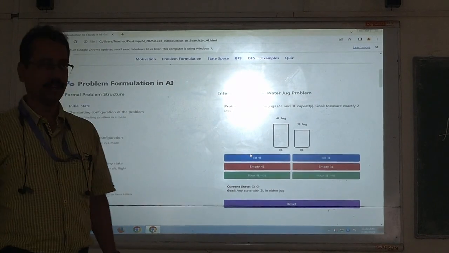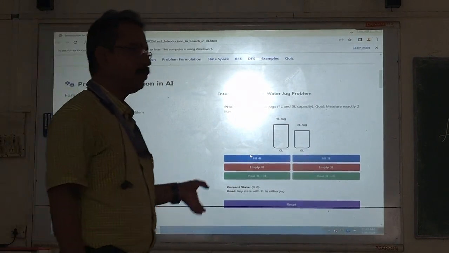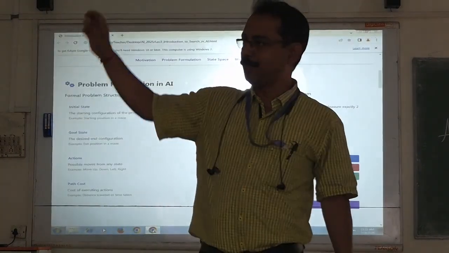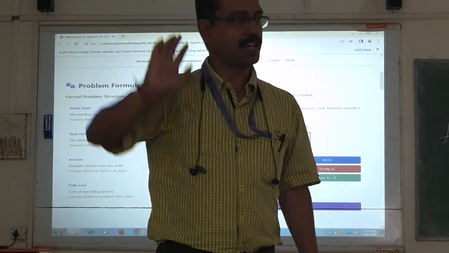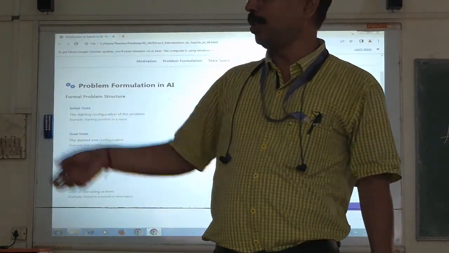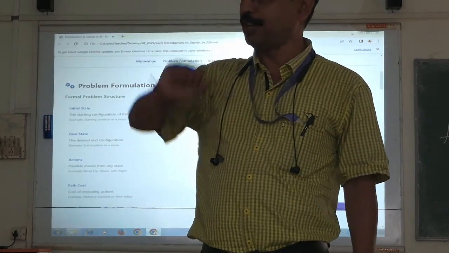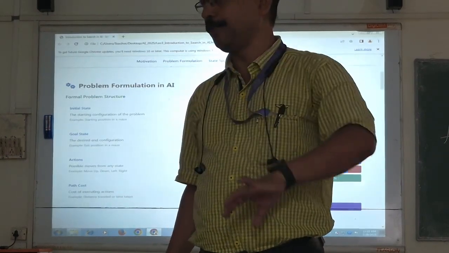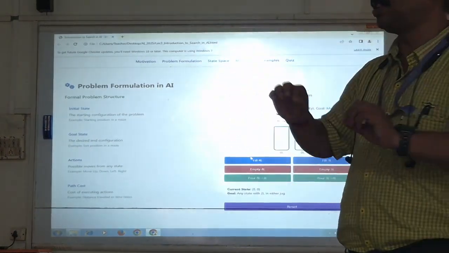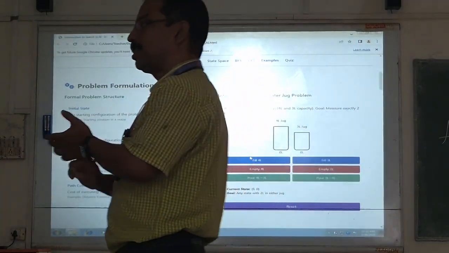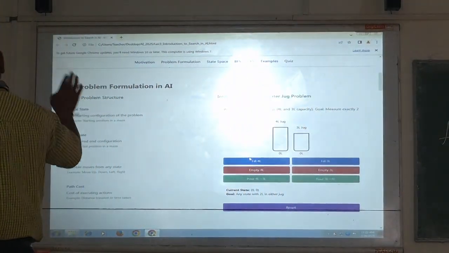Valid action means you can fill up the 4 liter jug, you can fill up the 3 liter jug, you can pour the water from the 3 liter to the 4 liter jug, or from the 4 liter to the 3 liter jug. Got my point? Anytime, these are the possible actions that you can perform. But your target will be to perform those sequences of actions.